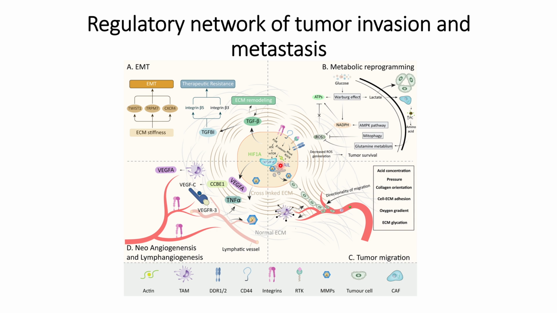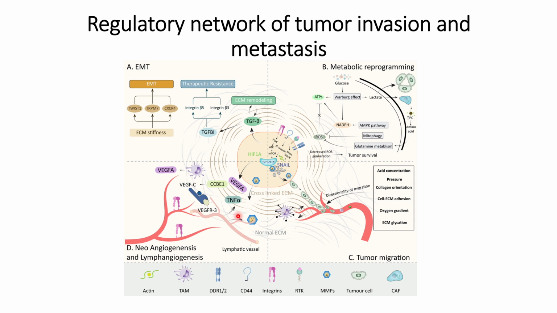For example, Snail upregulation helps tumor migration in a direction, and these directions can lead to tumor migration either toward the lymphatic vessels or in the direction of blood vessels, towards the endothelial cells. This is just a brief overview about tumor migration.